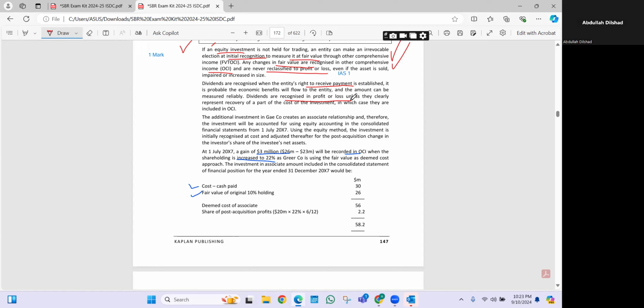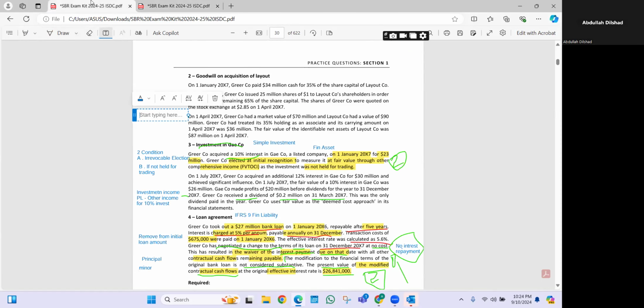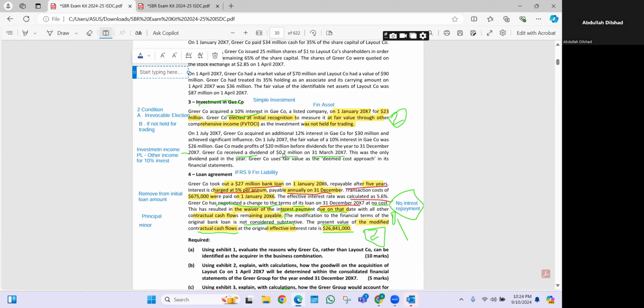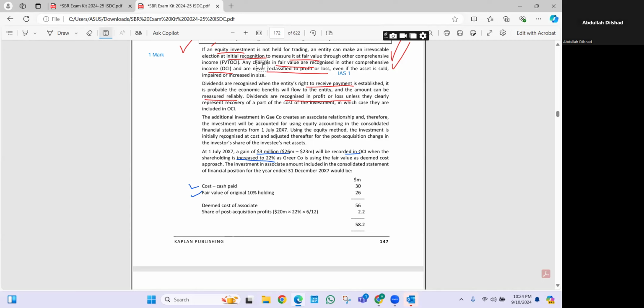Another additional point that the examiner is giving: if my contractual cash inflows are supposed to be recognized, they need to be measured reliably. Measured reliably means I need to identify how much I'm going to get. In this one, I'm pretty sure I'm going to get 0.2 million. Since it's an absolute figure, there is a reliable measurement.